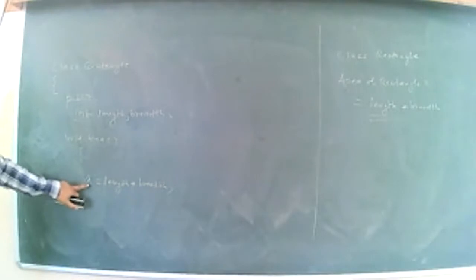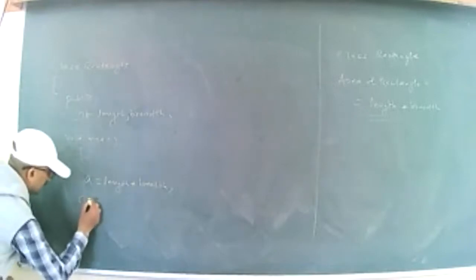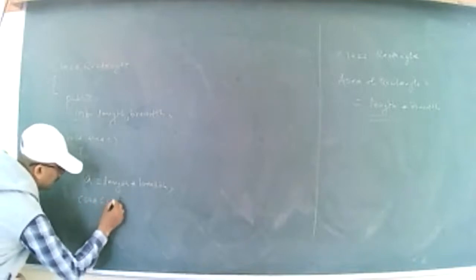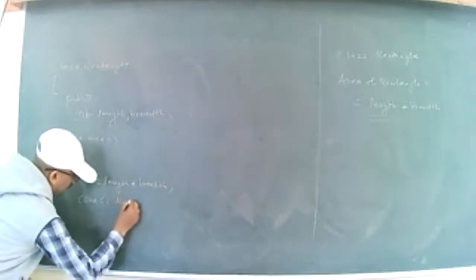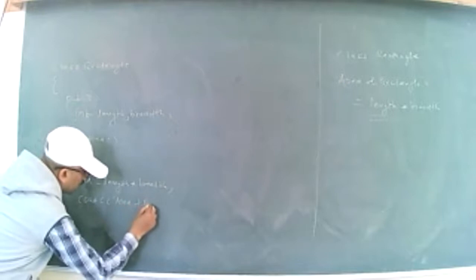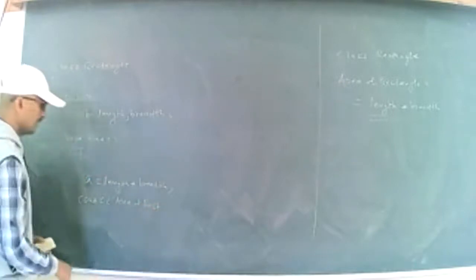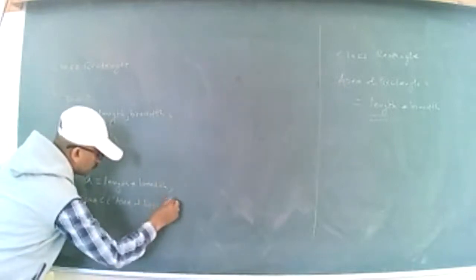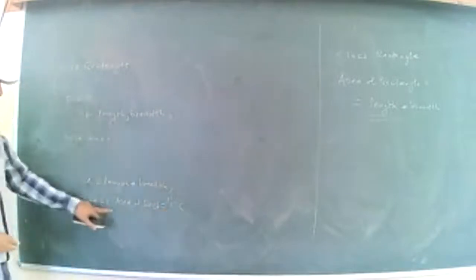Now we just have to print out this value of a on our console screen. In the previous program, we studied how we can print a message on our console screen. So for that purpose, cout, area of rectangle is equal to.